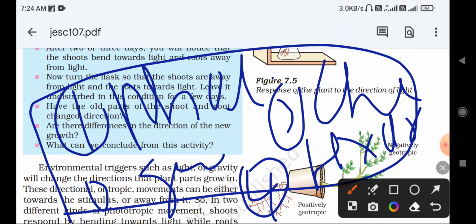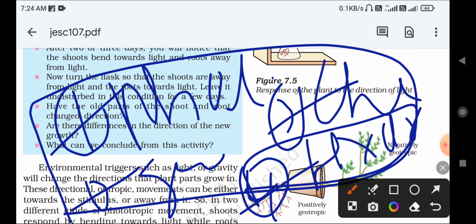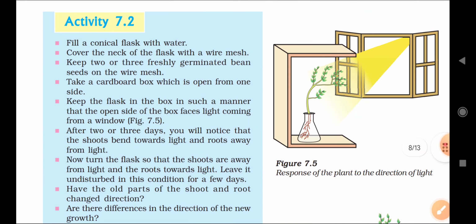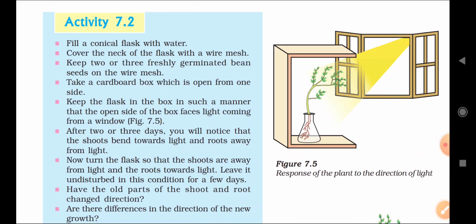Definitely in the exam they will ask what is phototropism, what is geotropism, what is chemotropism, and what is hydrotropism. They will also ask how plants show hydrotropism, to explain with a diagram or explanation, for 3 marks. These are some important definitions we will discuss in later videos.